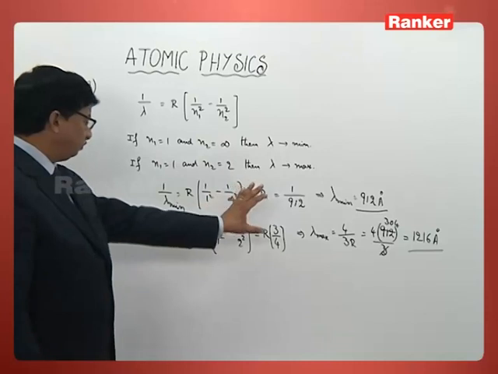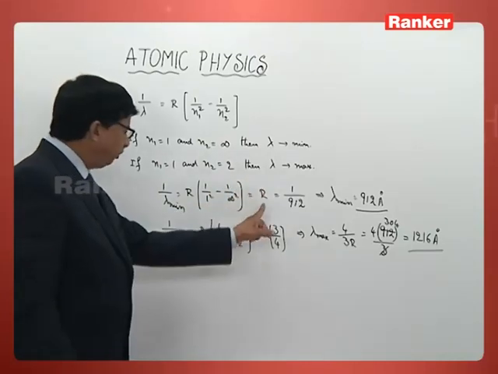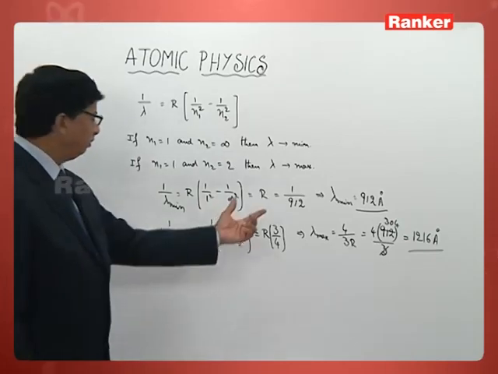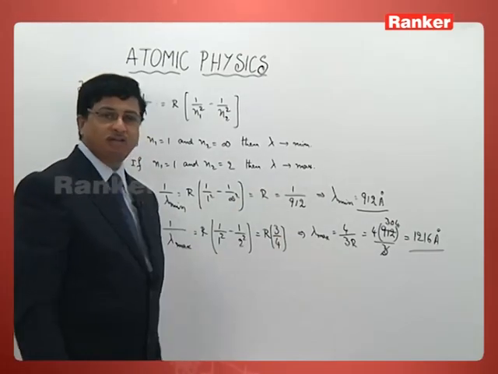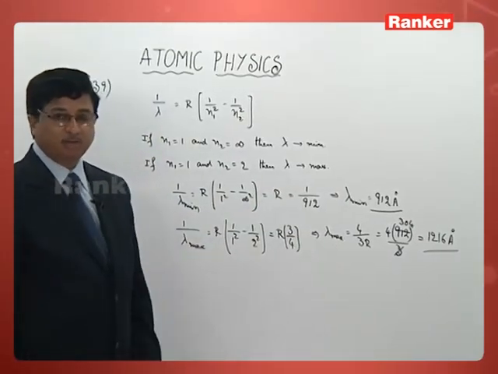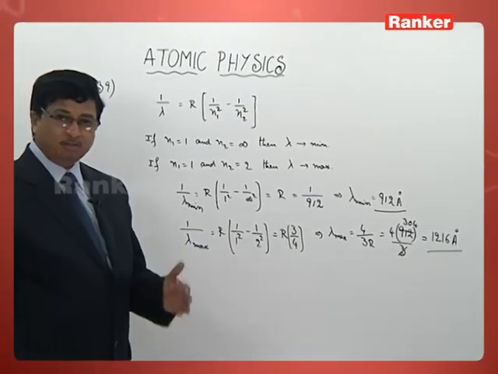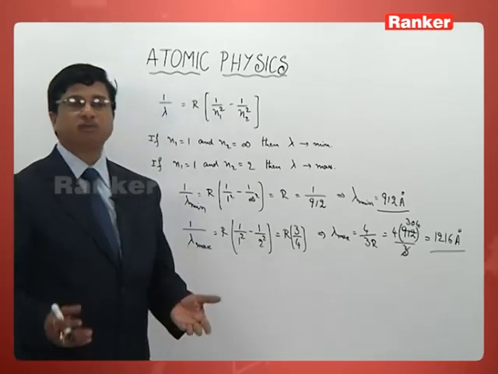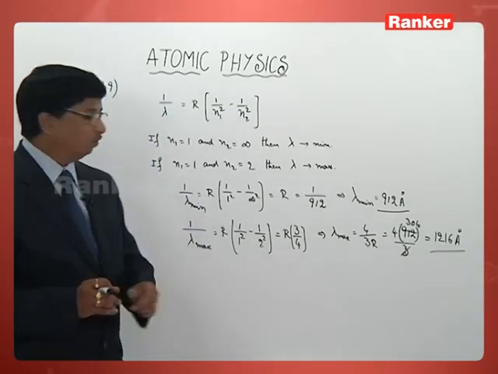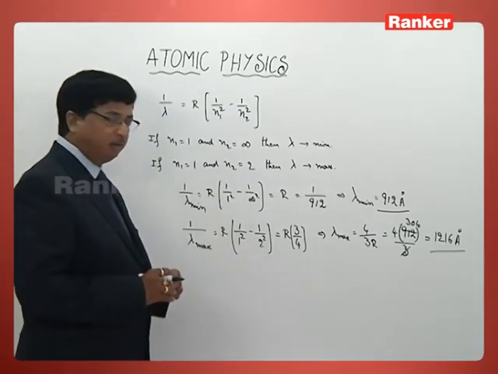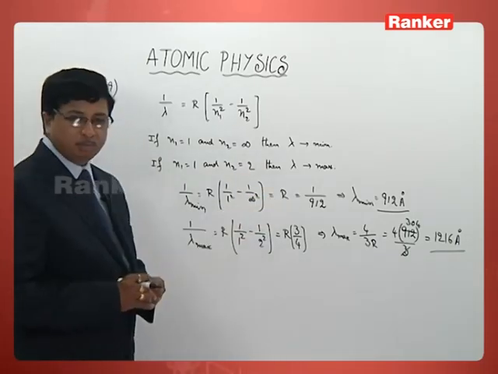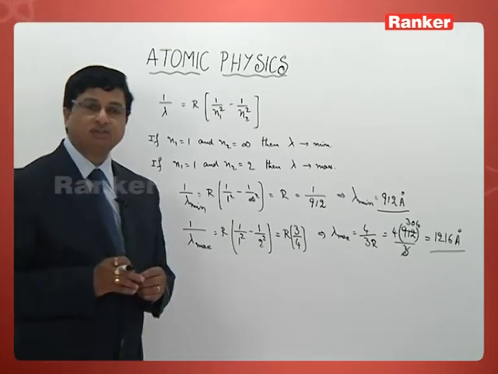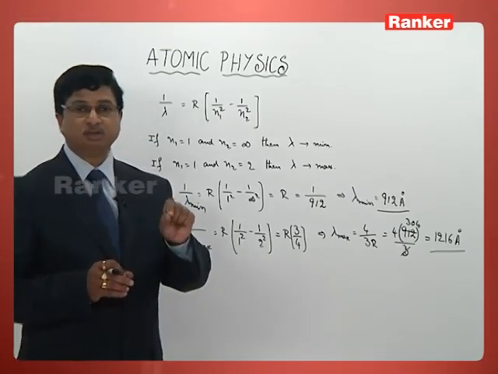So see the conversion there. The only point you need to remember is the rough value of R. If you can remember this one, all those calculations, not only in Lyman series I am talking, in Balmer, Paschen, Brackett, wherever and whenever you want, the calculation can definitely be made easier. So remember this value thoroughly and work out the values of minimum and maximum wavelengths in any spectral series, whatever has been asked in the problem.